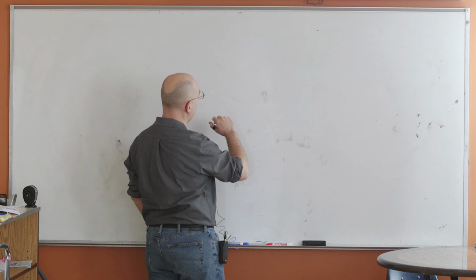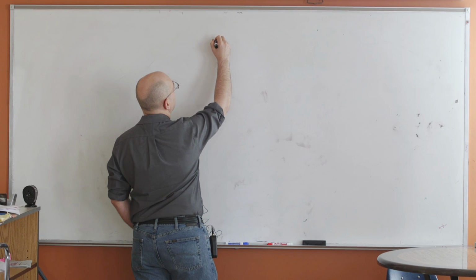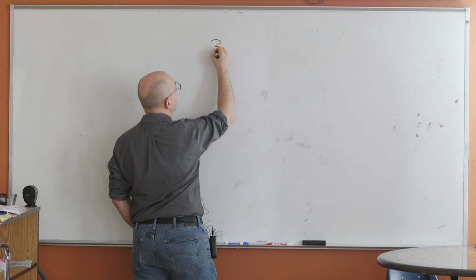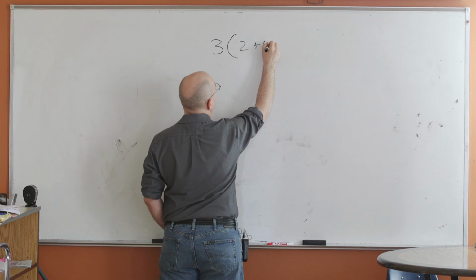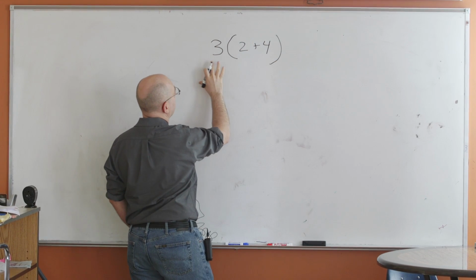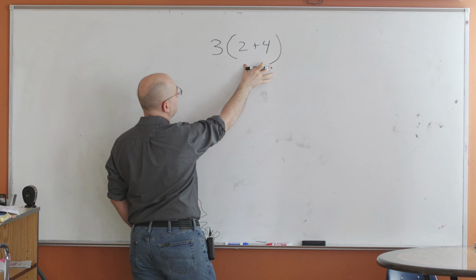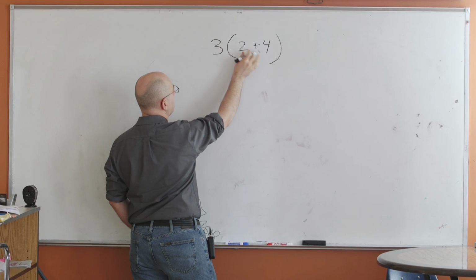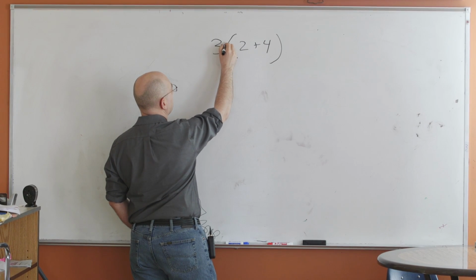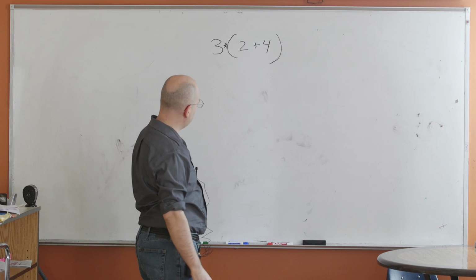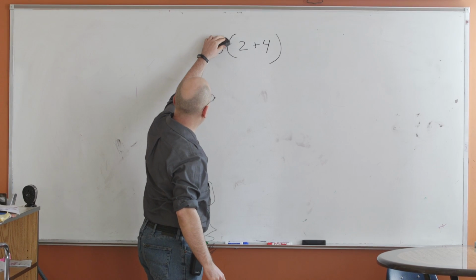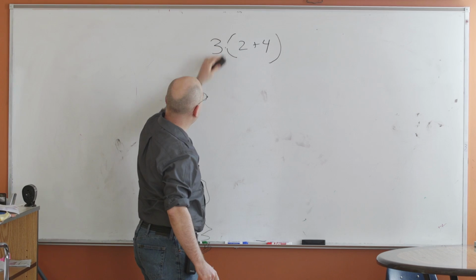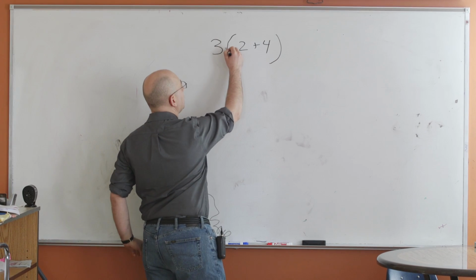So first, the distributive rule. I've mentioned this before, but a basic fact of multiplication is if you have an expression like 3 times this quantity 2 plus 4, so think of a multiplication symbol there, but usually there isn't one. It's just a number in front of some parentheses, or even a letter.